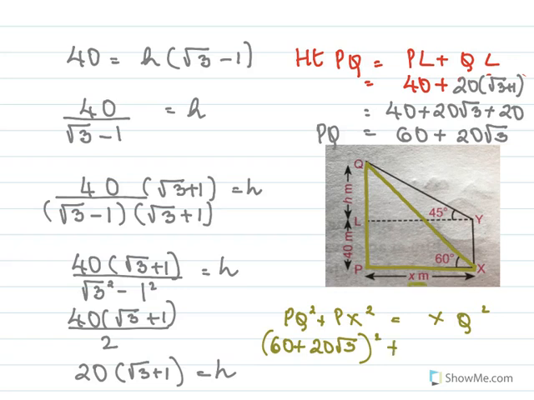PX is X, and X equal to H, which we found is 20 root 3 plus 1, the whole square. This equals XQ square.